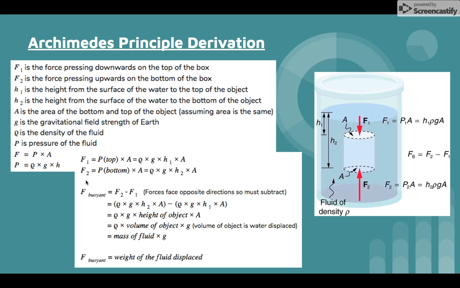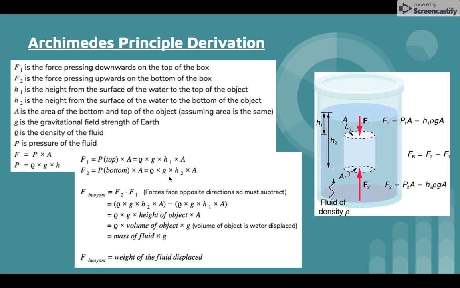We can also say that F2 is equal to the density of the fluid the object is immersed in, multiplied by g, the gravitational constant, multiplied by h2, the height from the surface of the water to the bottom of the object, multiplied by a, the area of the bottom of the object.